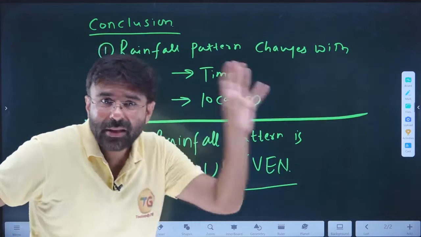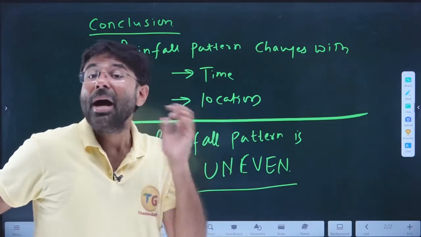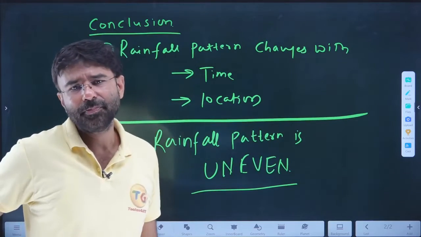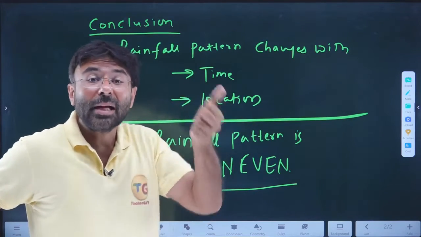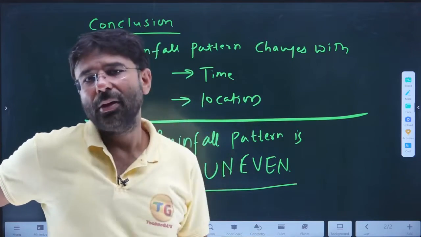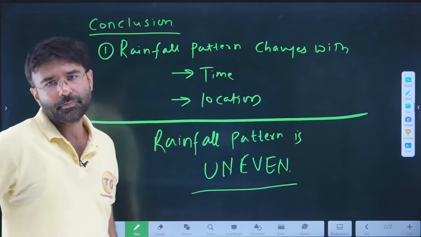We need some extra water. When there is no rainfall, during that time I need some extra water for my growth and for the growth of the plants. So the extra water apart from rainfall that is supplied to the fields for the plant and crop growth, that application of the water is called irrigation.